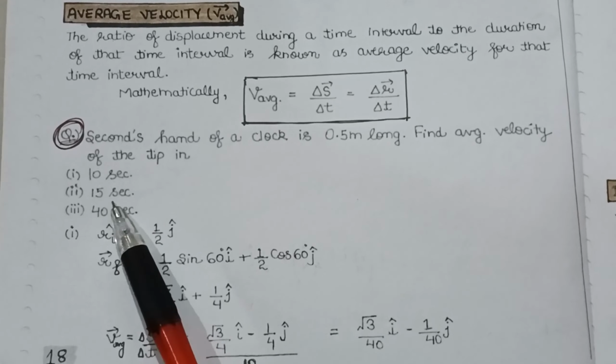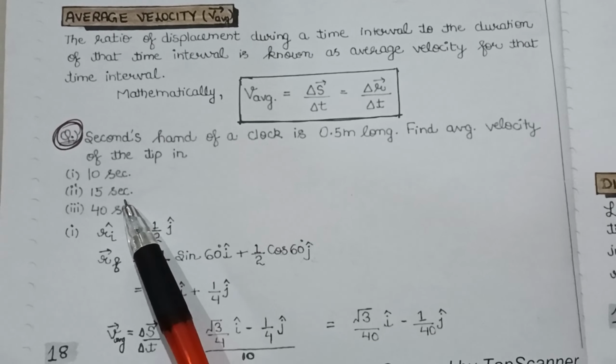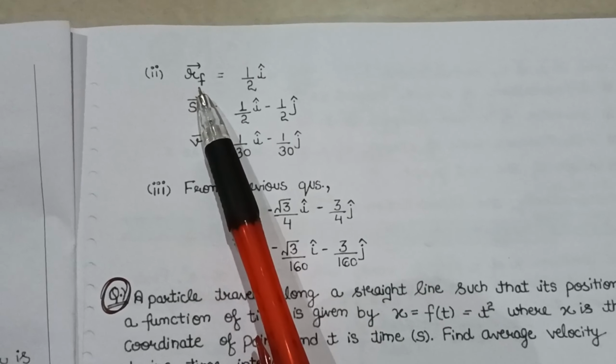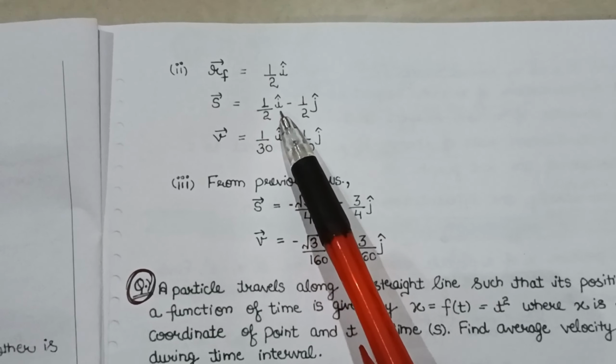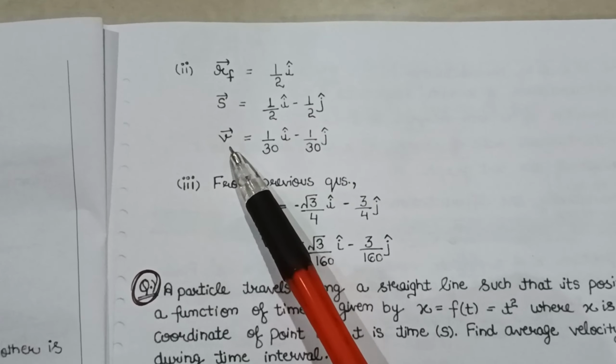Now the second question: find average velocity of the tip in 15 seconds. The solution is: final position vector is equal to 1 by 2 i cap, displacement vector is equal to 1 by 2 i cap minus 1 by 2 j cap. Therefore, average velocity is equal to 1 by 30 i cap minus 1 by 30 j cap.